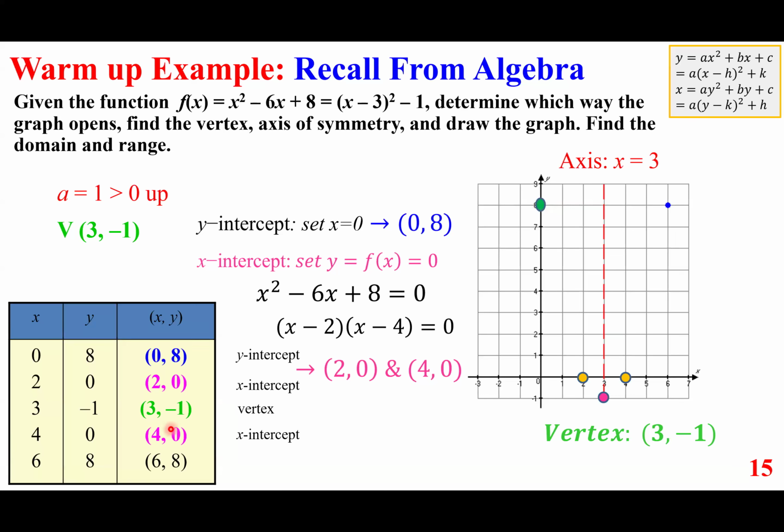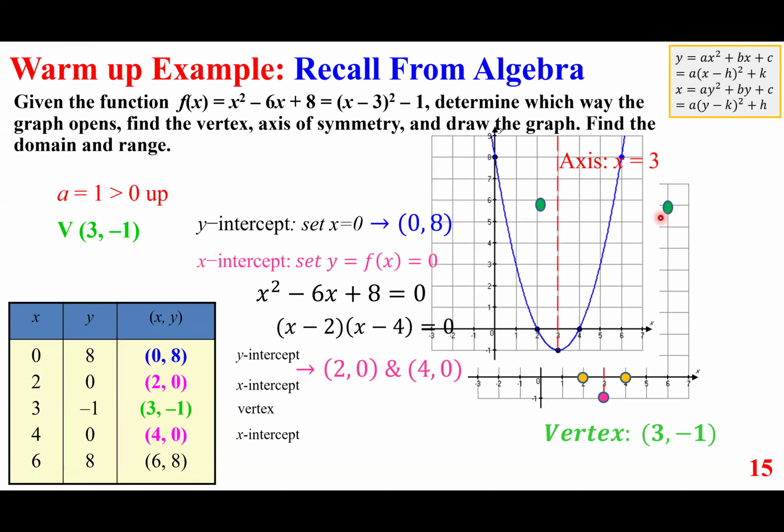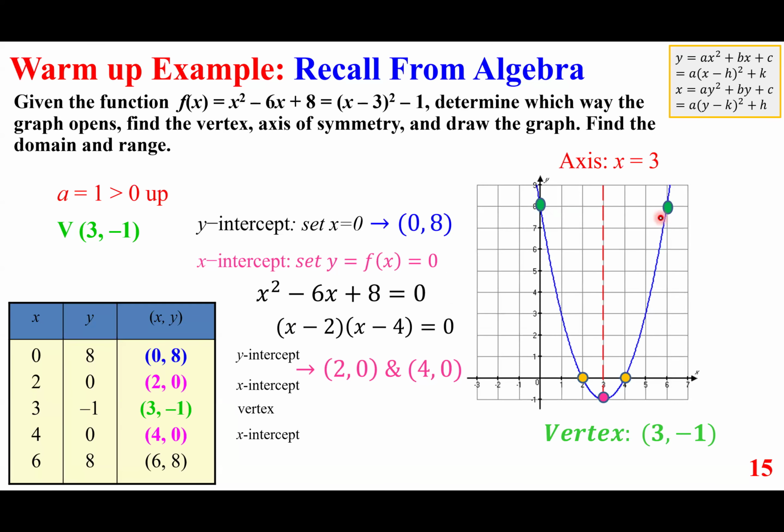This one is 0, 8, everybody. And we get this point, 6, 8. I just wanted to show you the effect of this symmetry. And so the graph looks like this. Now, what about the domain?